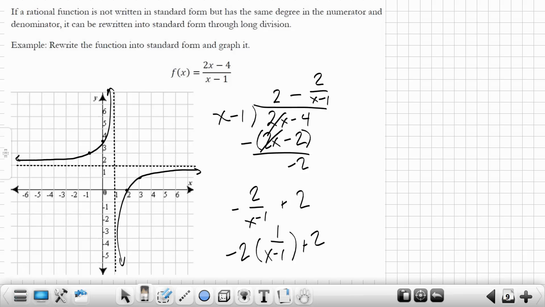And I'm done. So it goes to the right to one.